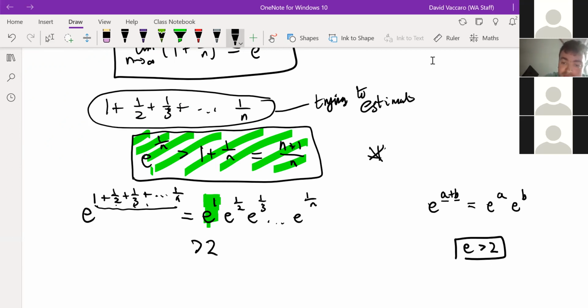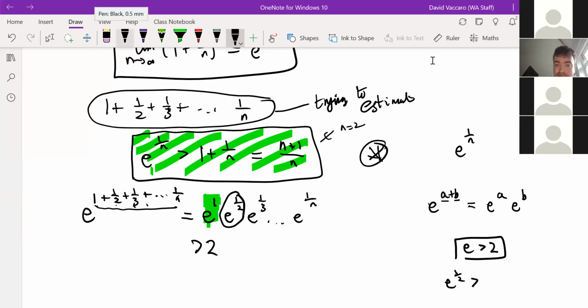When I use this inequality star for e to the half, what can I say that e to the half is bigger than? So what do I get if I put n equals 2 into this inequality? I've got e to the 1 over n is bigger than n plus 1 over n. What happens when n equals 2?